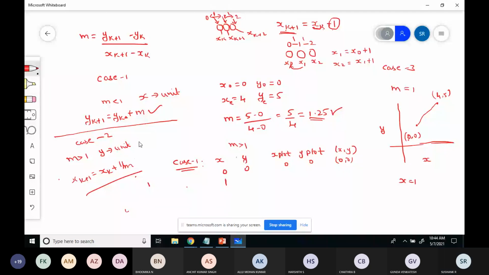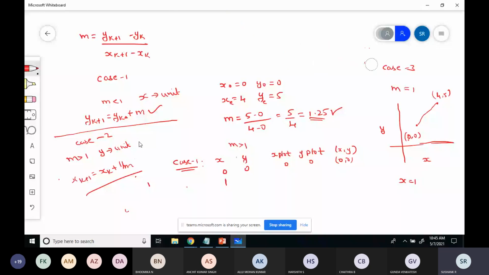So now, since it is moving in xk, no, now let's calculate. I'll just erase this part. I'll just write it separately so that it will be easy for us to calculate this problem.